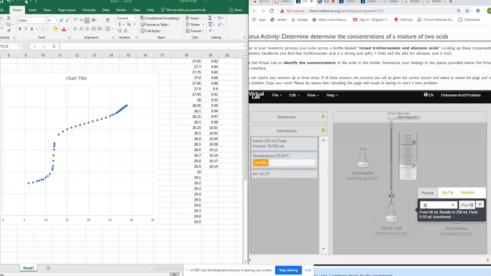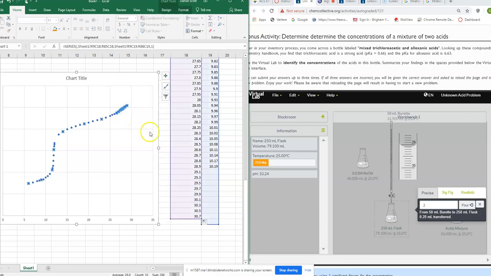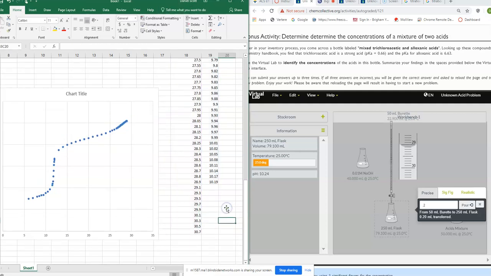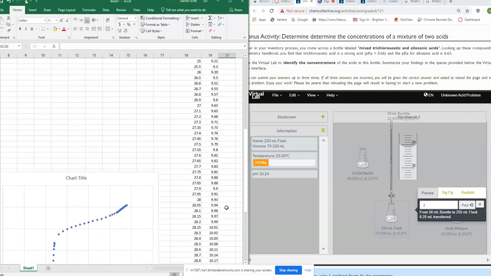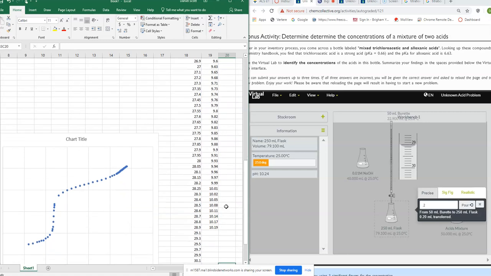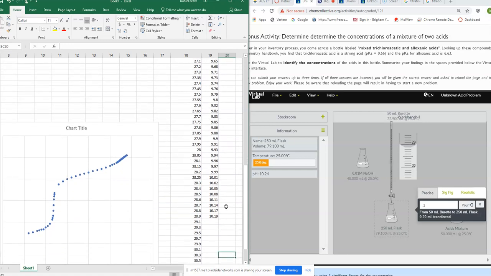I'll go back to 0.2. It looks like that should be the end point for me. It does, but I'd like to see it flatten out a little bit more.